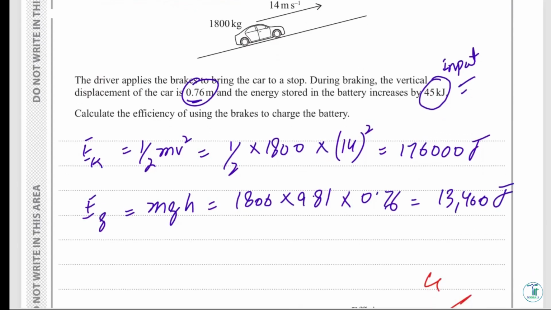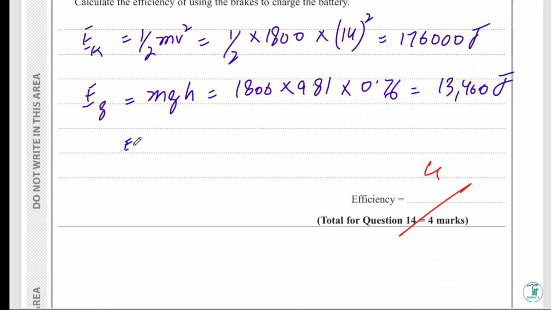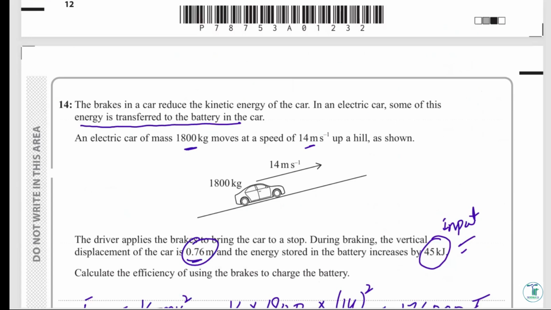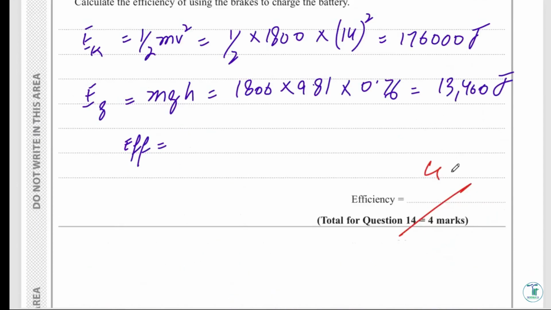So if you want to calculate the efficiency, it has to be output over input. This is going to be the output because that is the energy transferred to the battery. So 45 times 10 raised to the power of 3 divided by the change in the energies, and that has to be 176,000 minus 13,400.